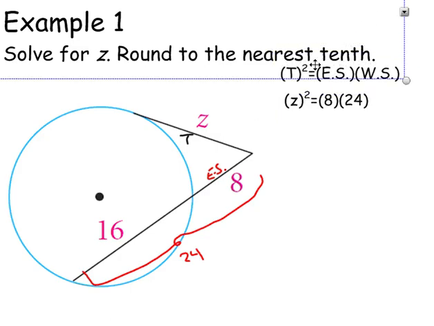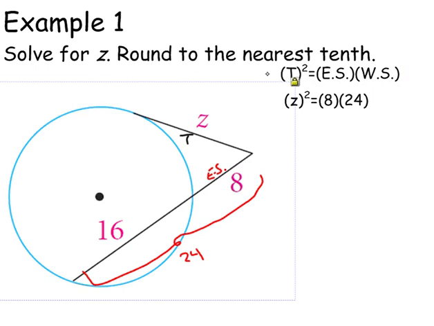It says t squared equals es times ws. So the tangent is z, so we get z to the second power equals the external secant is 8, so 8 goes there, and the whole secant is 24, so 24 goes there. So we get z squared equals 8 times 24, which is 192.